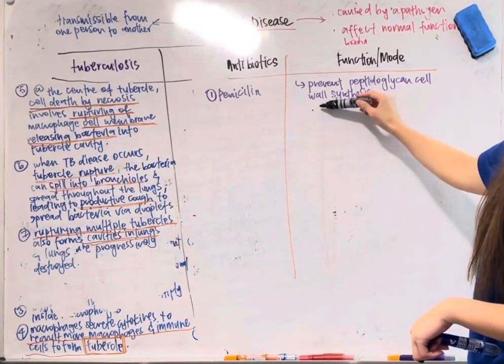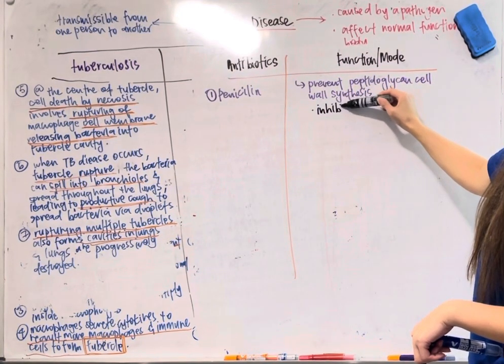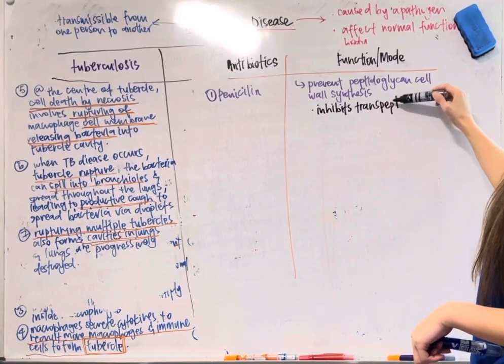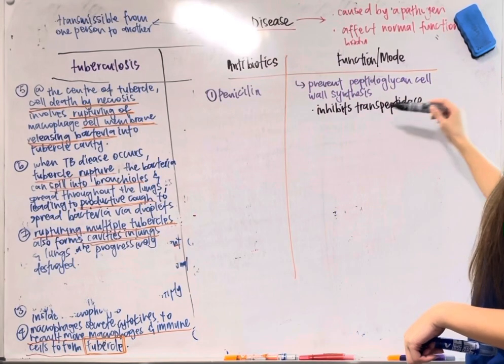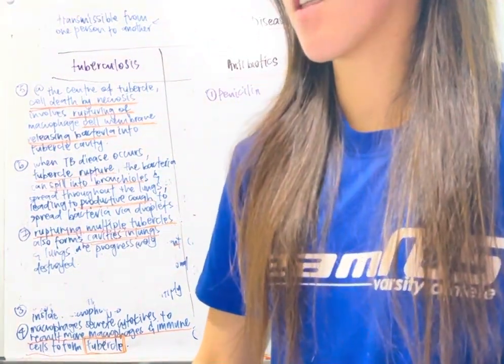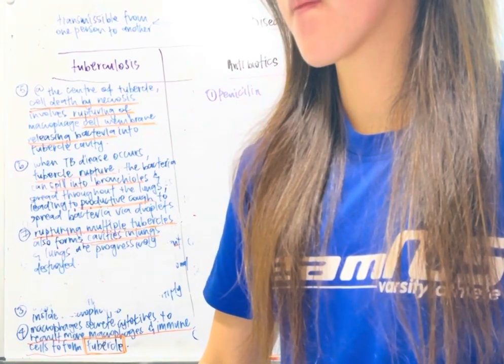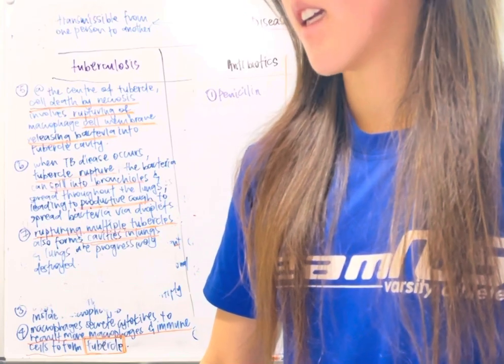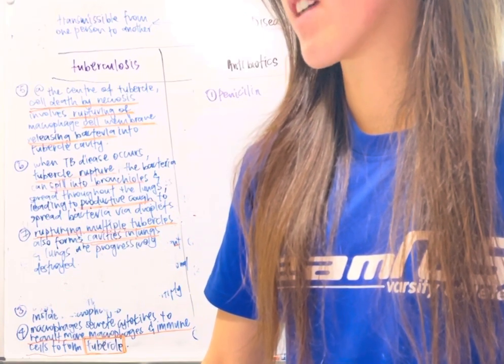Very good. So again, it inhibits the transpeptidase enzyme. We learned this under bacteria. Can you tell me, Myra, what does transpeptidase do? Synthesizes cross links between NAM and NAG residues, right?